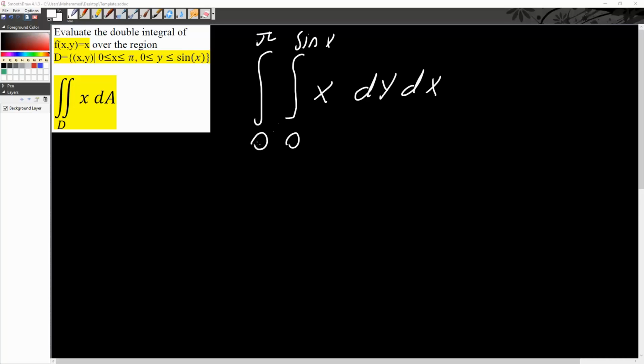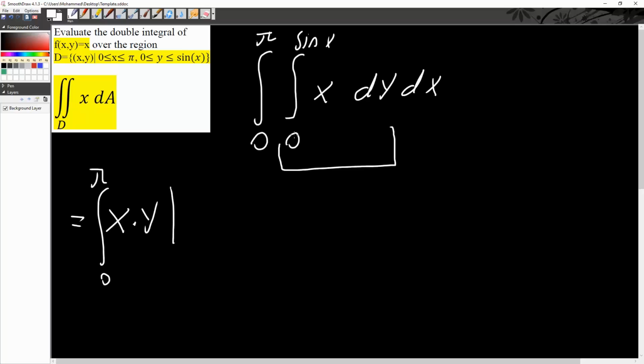So let's do it. The first thing we're going to do is take the integral in terms of dy, and by doing that we would get x times y. This integral still remains, so we'd have 0 to pi, and we would plug in 0 and sine x, in terms of dx.